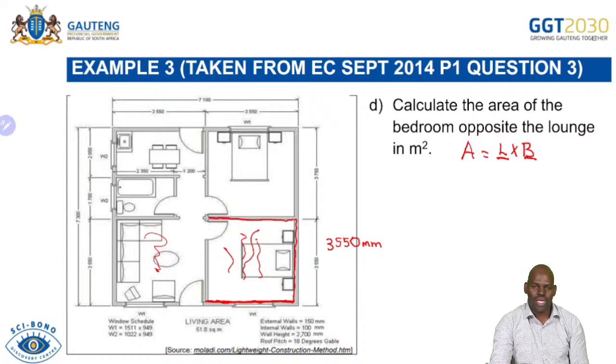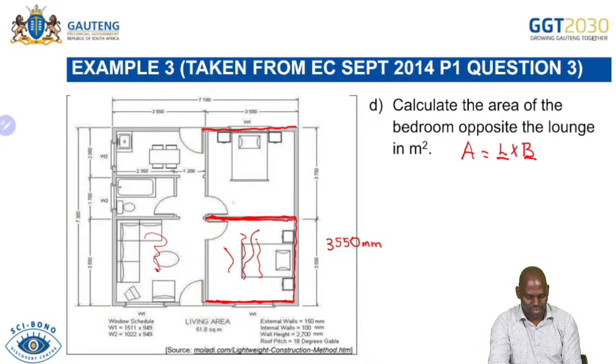But if you look clearly on the plan, you will see that the length of this wall is equivalent to the length of the other wall. So the length of this wall in this bedroom is equivalent to the length of the wall in the other bedroom. It's indicated as 3,550. So this one is also 3,550 millimeters.